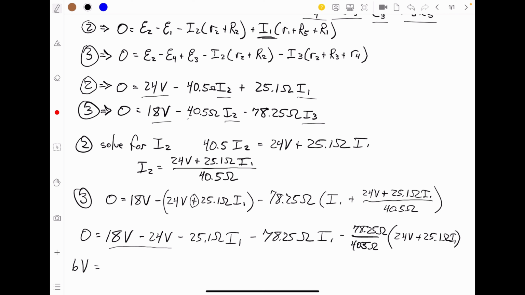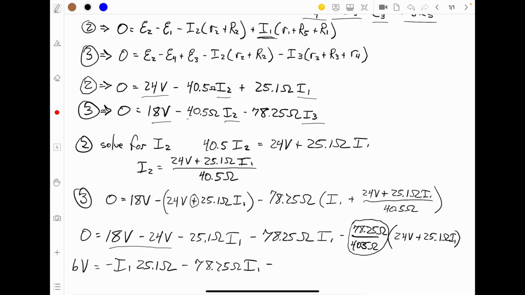And that means that we've got minus, I'm just still rewriting, minus I1 times 25.1 ohms minus 78.25 ohms times I1 minus, this is a ratio.